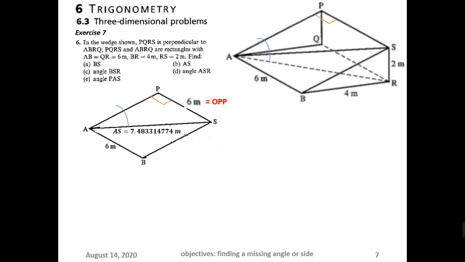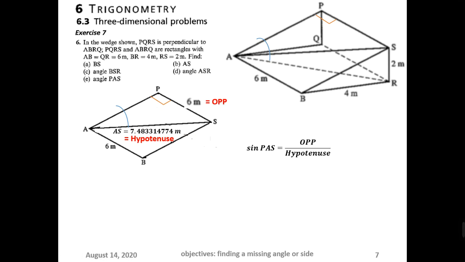As per the given unknown angle, the 6 m is the opposite side and AS is the hypotenuse. As per the unknown angle, if the opposite and the hypotenuse are known, then we're going to use the sine rule. Sine PAS is equal to opposite over hypotenuse.